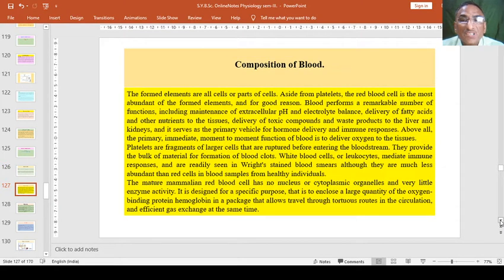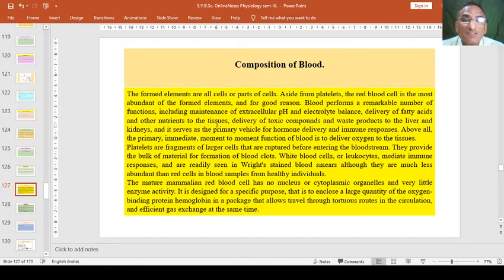How do these formed elements and plasma materials work properly as blood elements? What is the role of blood cells? What do they do in the physiology for maintaining the survival of the animal?